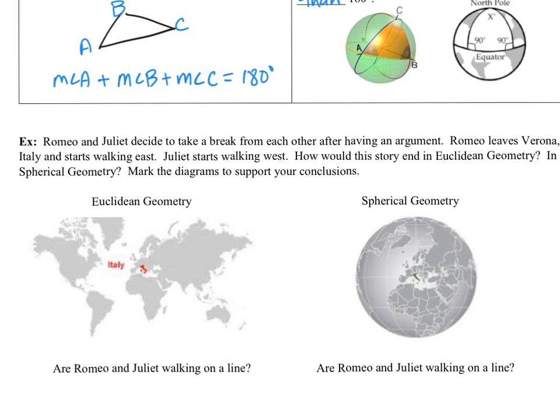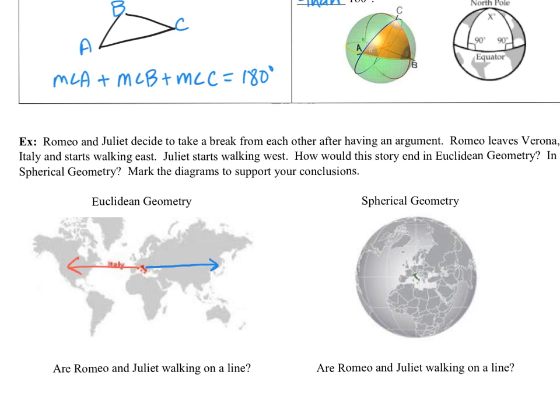So let's say in Euclidean geometry, if the world were flat and Romeo started walking to the east, his path would look like that in a flat world. Okay, Juliet starts walking to the west. Now, in Euclidean geometry, these 2 rays that we have drawn are opposite rays, and together they form a line.